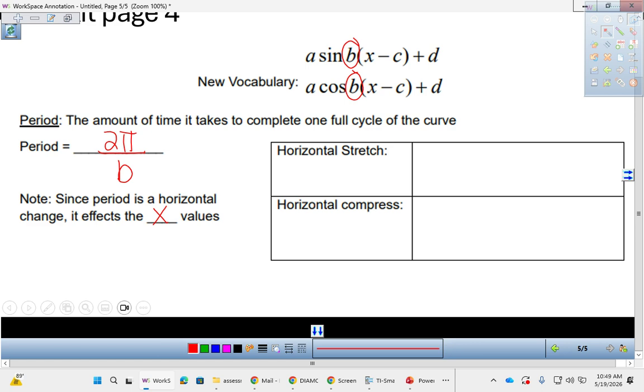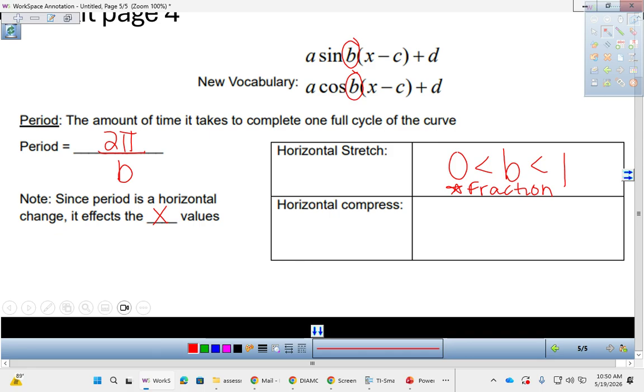So a horizontal stretch is going to happen when the B value is between 0 and 1. You're going to see a fraction there. So you might just want to add, if it's a fraction, it's going to be a stretch, which is the opposite of the way it is for an amplitude. A fraction is a compress for amplitude, and it's a stretch for period. They work opposite, right?